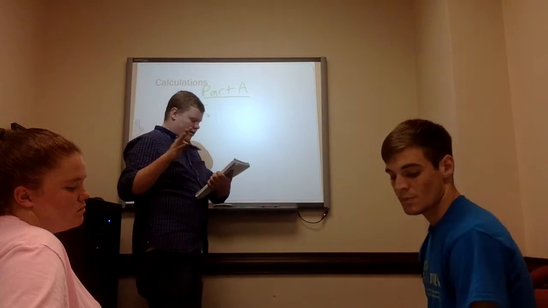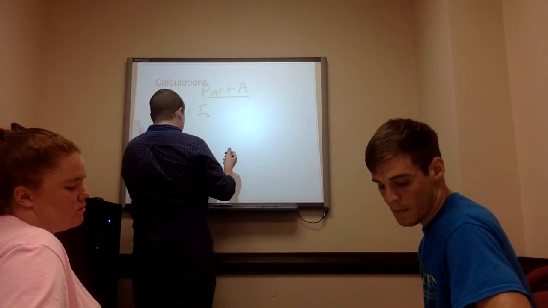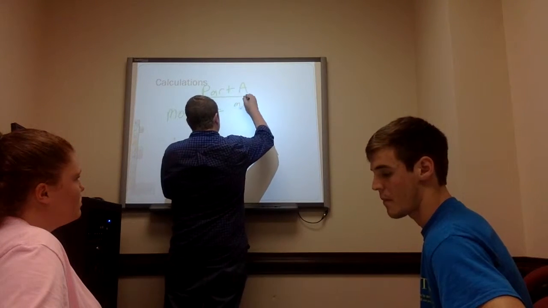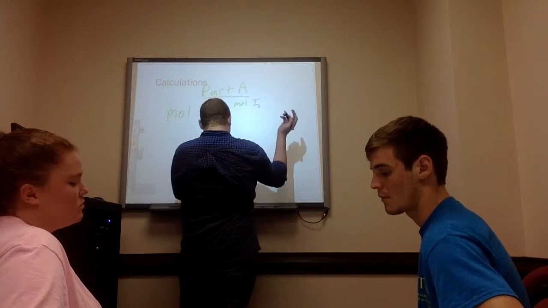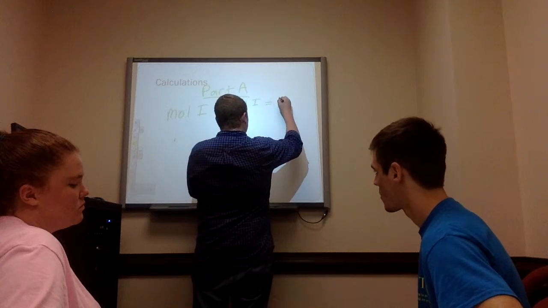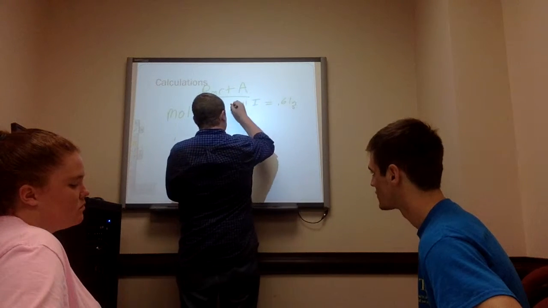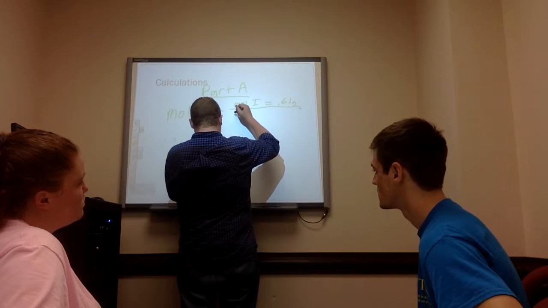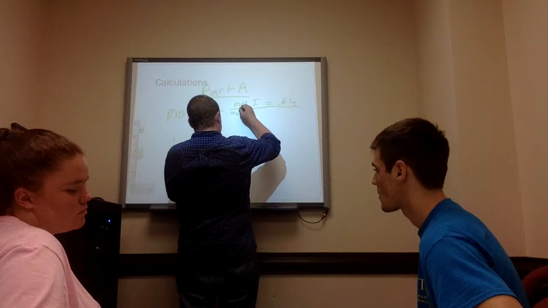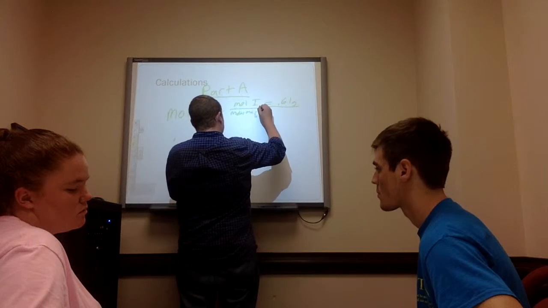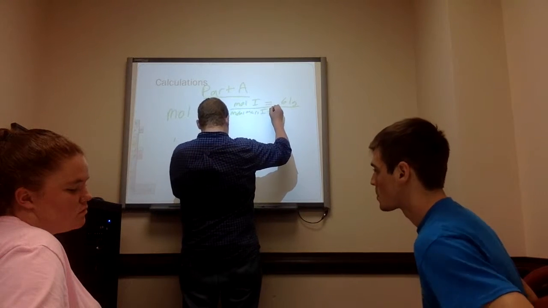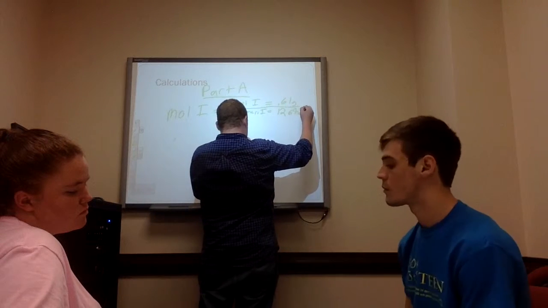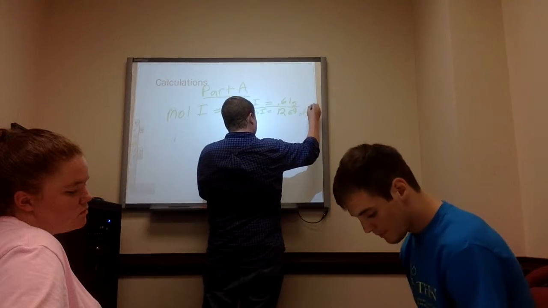Moles of I. Now notice it's I, not I2. So that is equal to the moles of I, whose mass was 0.61 grams, over the atomic mass, or the molar mass of I. And that is 126.9 grams per mole.